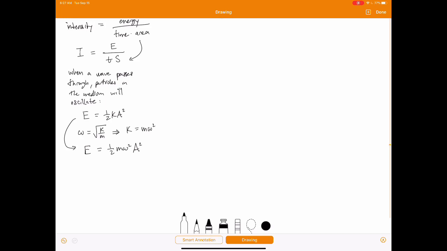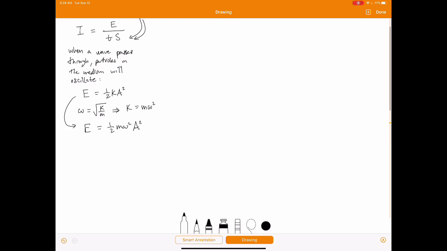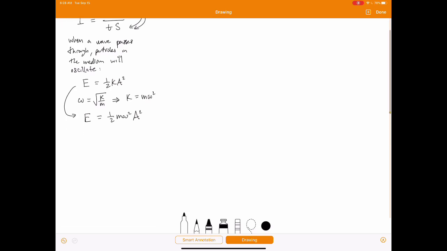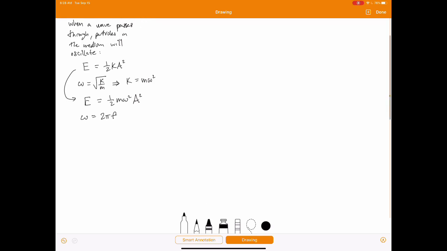That's why up here I used the variable S for the area, not to confuse it with a, the amplitude in this equation. Okay, another substitution we can make is this. Omega is just 2 pi times f. Therefore, the energy can be written as 1/2 times the mass times 2 pi f squared times a squared.